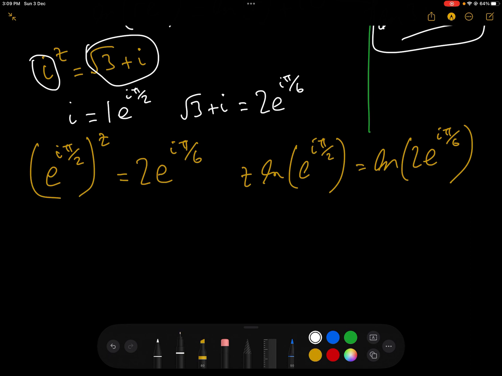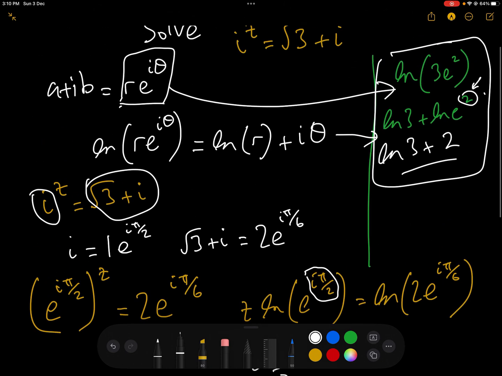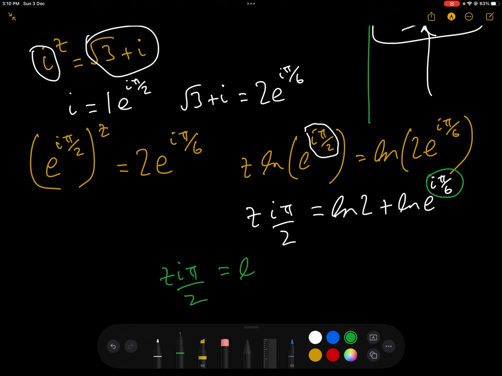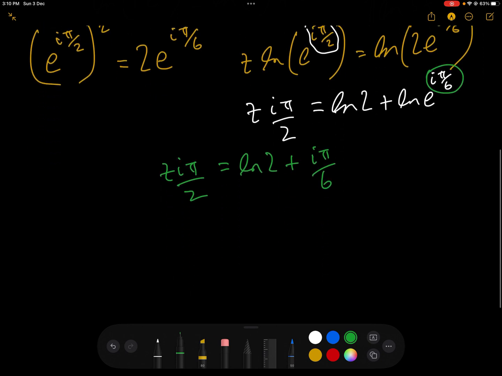Now log of e to the power of anything is just the anything, so that's zi pi over 2, and we already know that the log of 2e to the i pi over 6, from the example up here, will be log of 2 plus log of e to the i pi over 6, which we know is i pi over 6, so we can therefore write zi pi over 2 equals log of 2 add i pi over 6, and we're almost there.